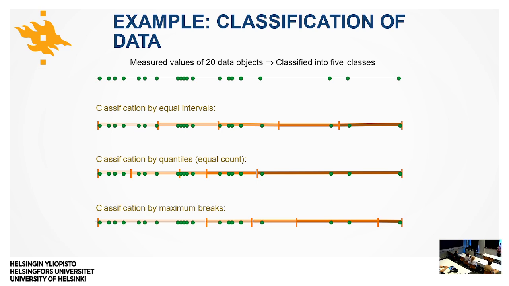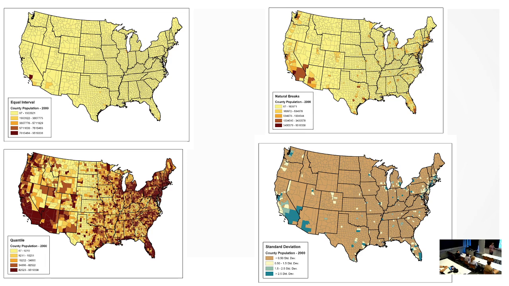It looks at breaks in your data, so if you have a huge gap in the values, the algorithm decides that this might be a good place to create a new class. This is the same idea, with the same data but different classification, and this is what we get as the output. A reminder that classification is super important, because you do a good job creating the map, so you don't want your efforts to go to waste.